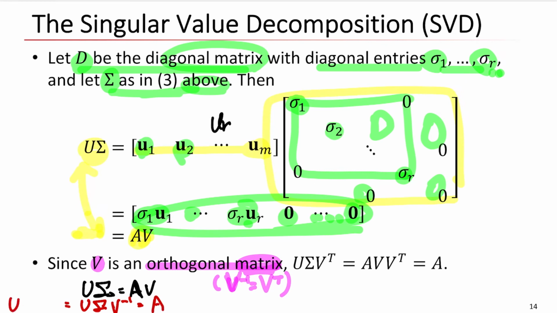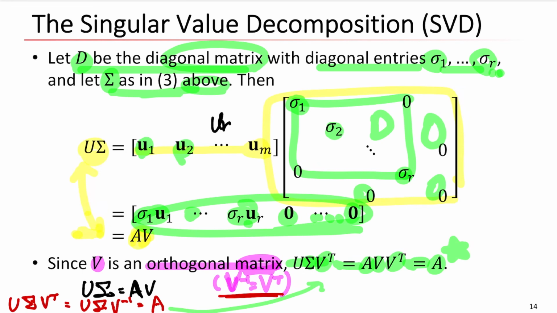So in other words, this is U sigma V transpose from here, right? So here U sigma V transpose is equal to A V V transpose, which is equal to A.